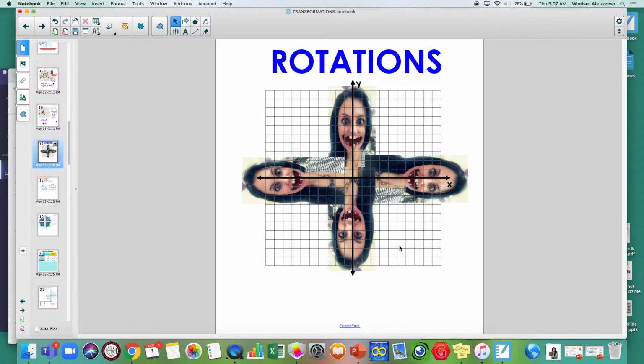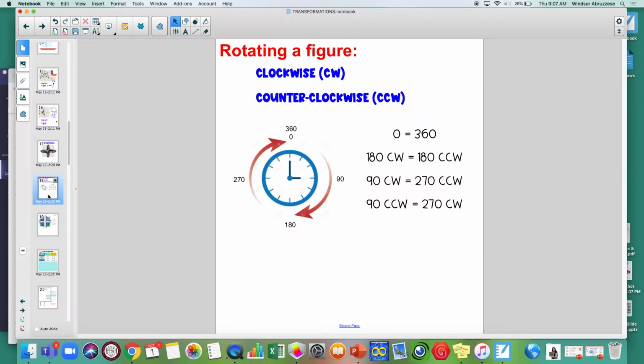And if you think about turning, or if you look at the clock, we can turn left and we can turn right. But there is a specific word that we use, or words, to describe rotations. When we are rotating a figure, we can either rotate clockwise, which we write CW, or counterclockwise.